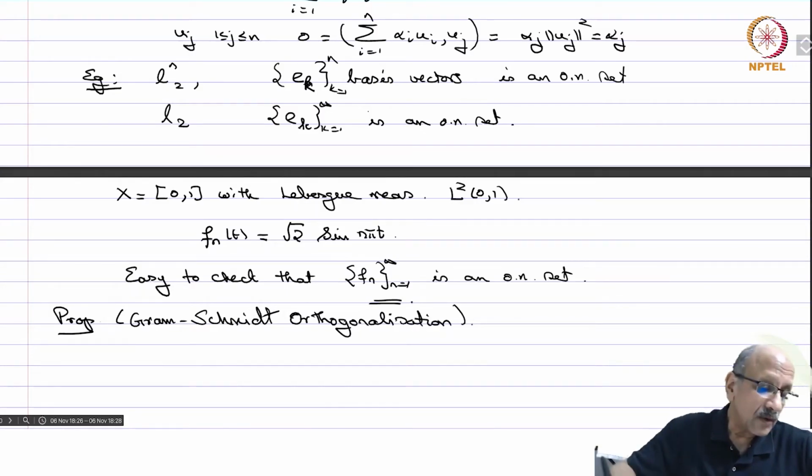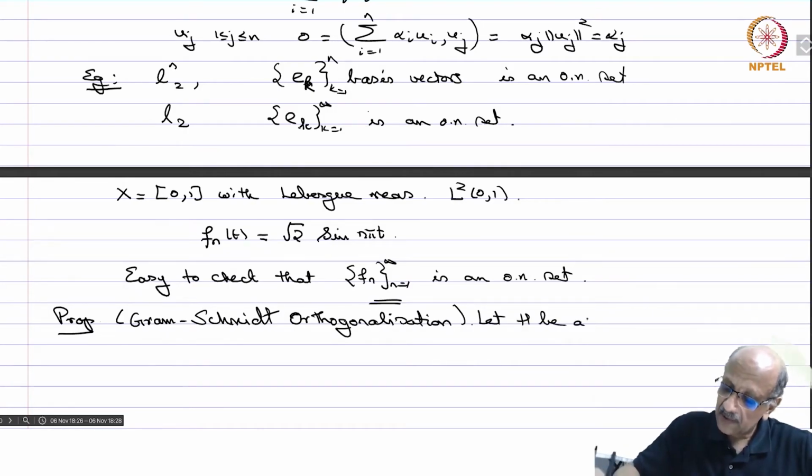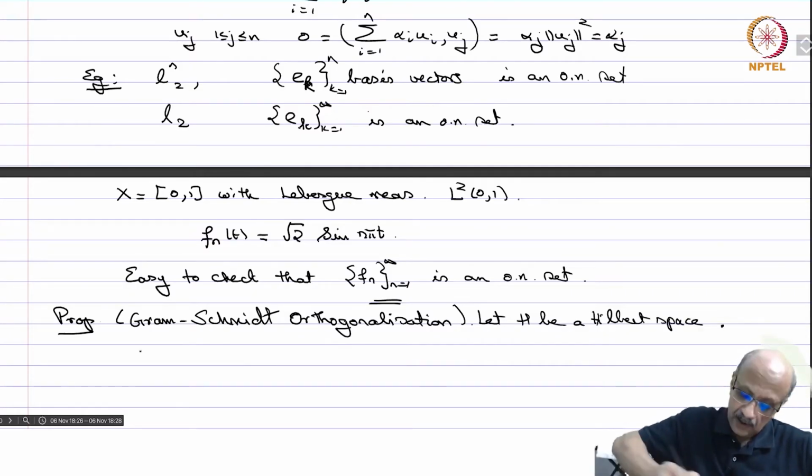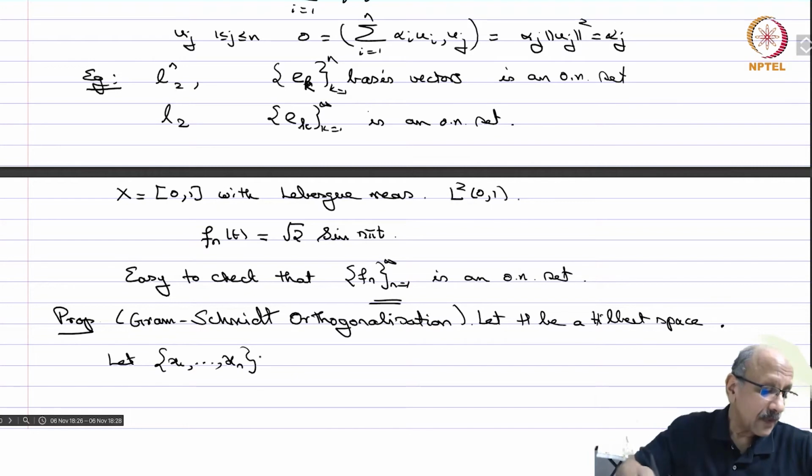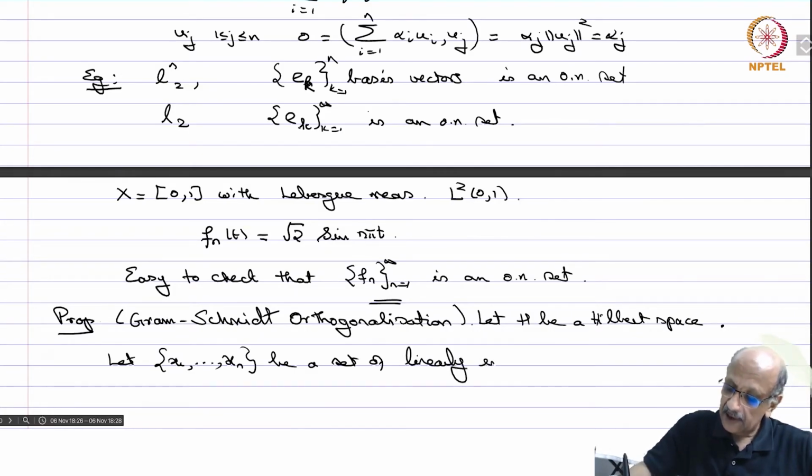Okay, so let H be a Hilbert space. Let x1, ..., xn be a set of linearly independent vectors.